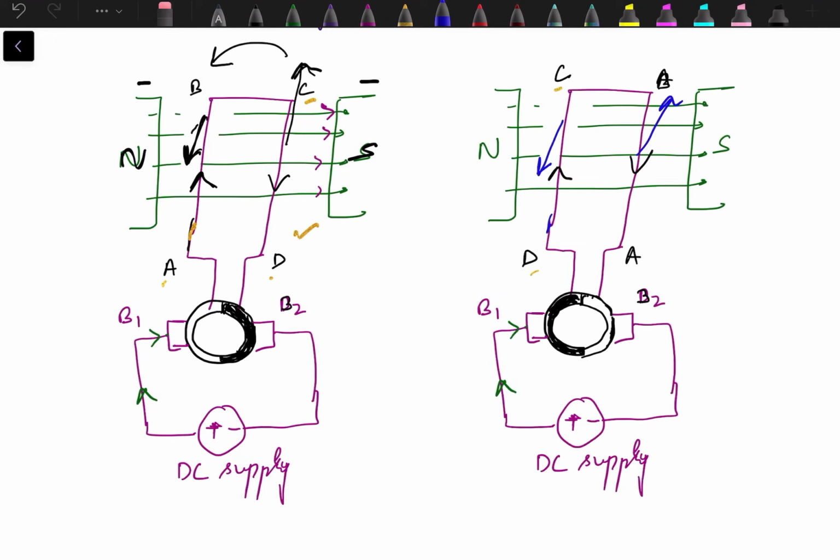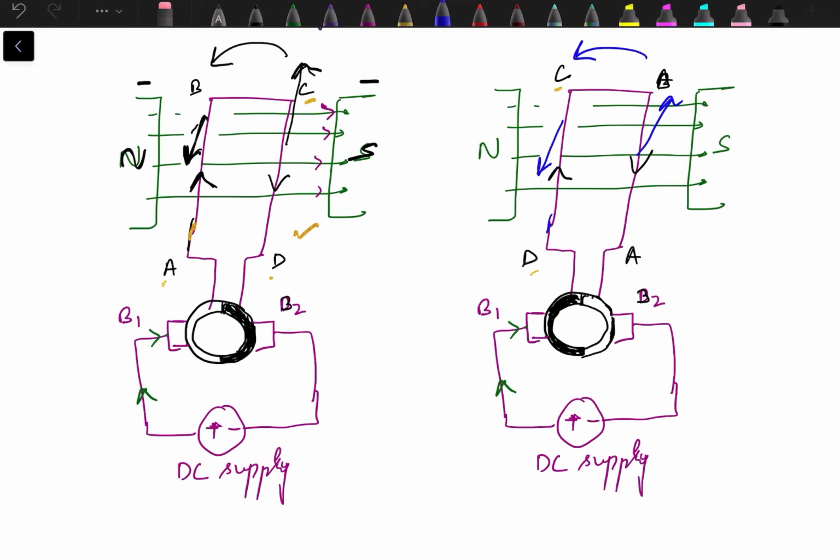You can find out the directions using Fleming's left-hand rule, since Fleming's left-hand rule is applicable for the motoring action, and motoring action is when we know the direction of field and direction of current, then we can find out the direction of force. So again it will try to rotate in anti-clockwise direction. Since this keeps on moving, the motor starts rotating in the anti-clockwise direction.